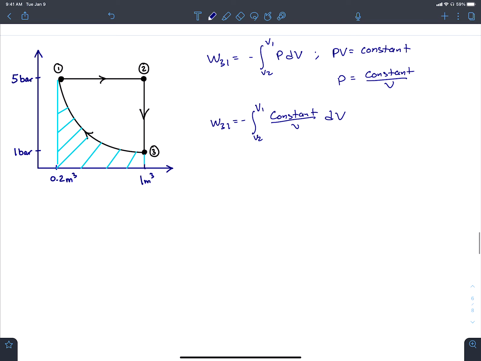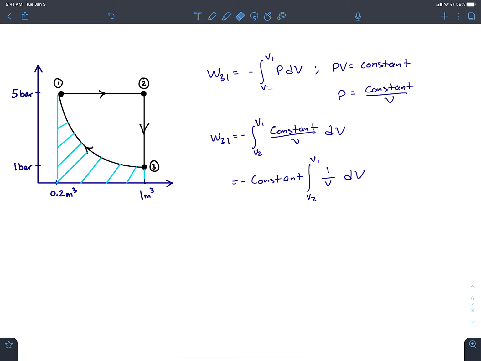Pulling the constant out, negative some constant times the integral of 1 over V dV. Oh, sorry, hold on, I made a mistake. This is not supposed to be 2 to 1, it's supposed to be 3 to 1, so the limits are V3 to V1. Integrating this, we get negative some constant times natural log of V1 over V3.